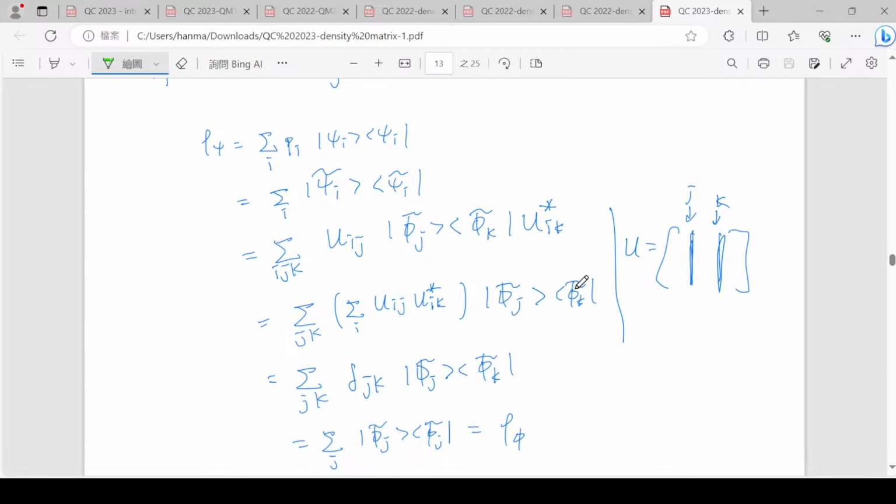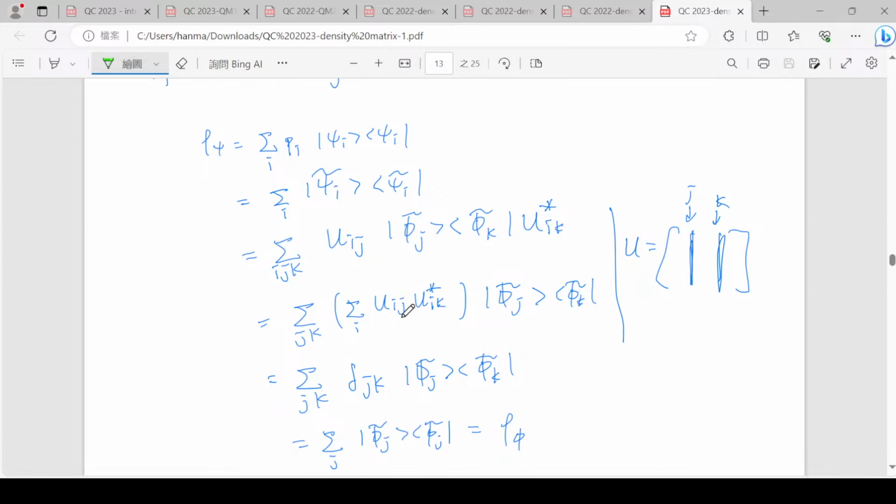The only terms dependent on i are u_ij and u_ik star. So you have the summation of u_ij and u_ik star, and what is this thing? This should actually become a delta function, because we say u is unitary.